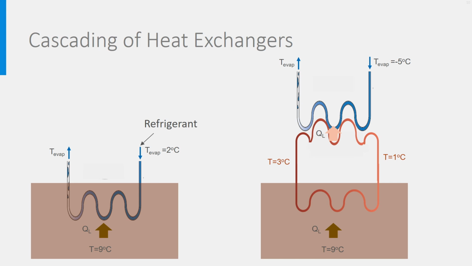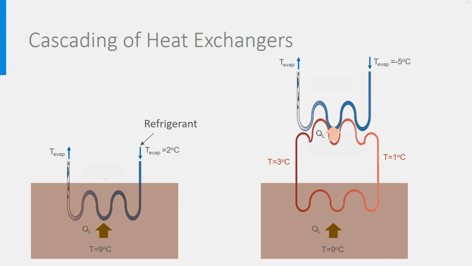The temperature of the water in the intermediate heat exchanger is between 1 and 3 degrees, as we just said, which is much too low to allow evaporation at 2 degrees Celsius. So, the design of the heat pump, entailing the choice of the refrigerant and the temperature and pressure levels, will have to change. In the picture you see that now the evaporation takes place at minus 5 degrees.